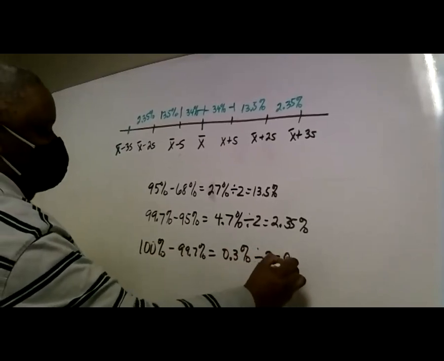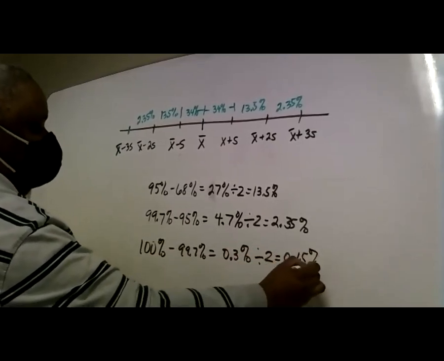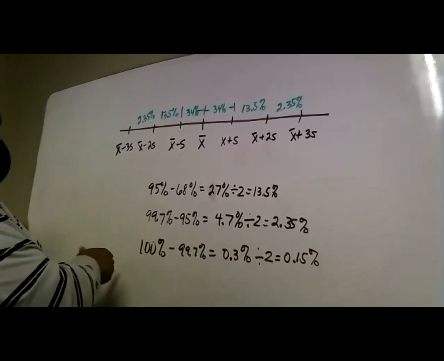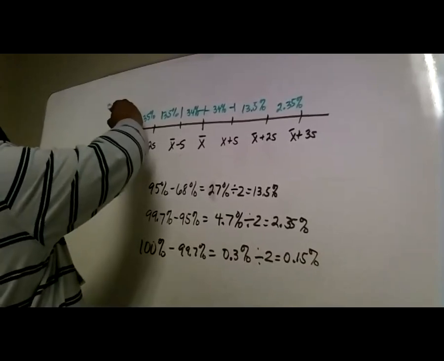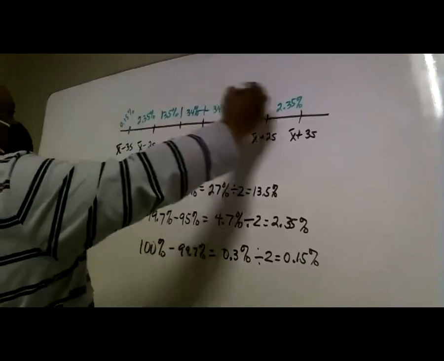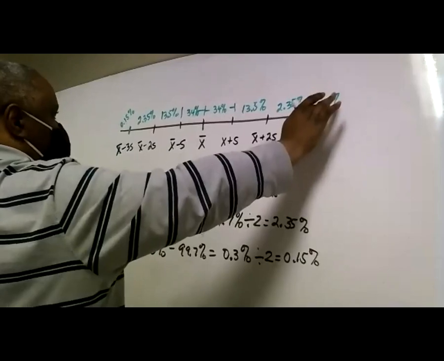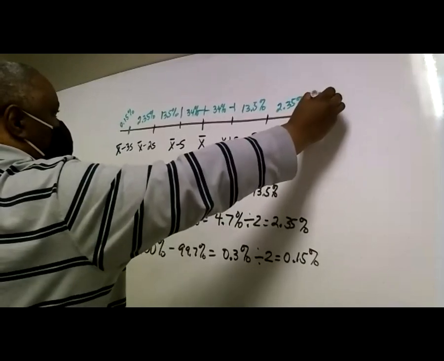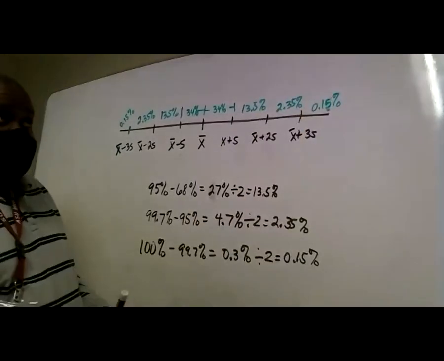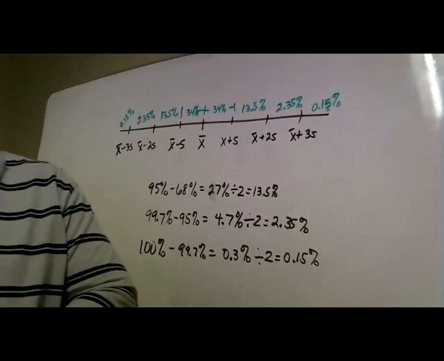Split it in half, you get 0.15%. So to the left of this is 0.15%, and to the right of that is 0.15%. So that's where those percentages are coming from.